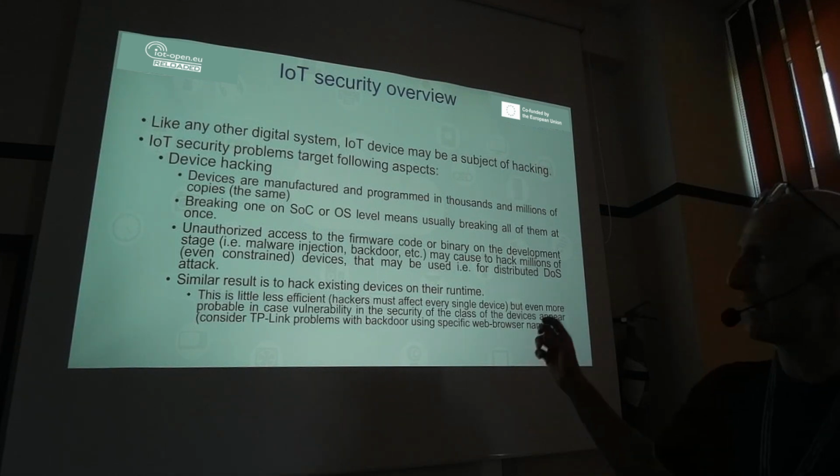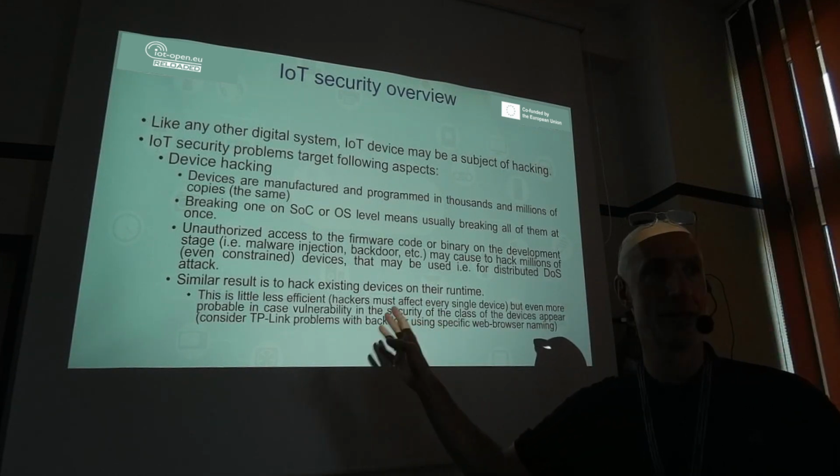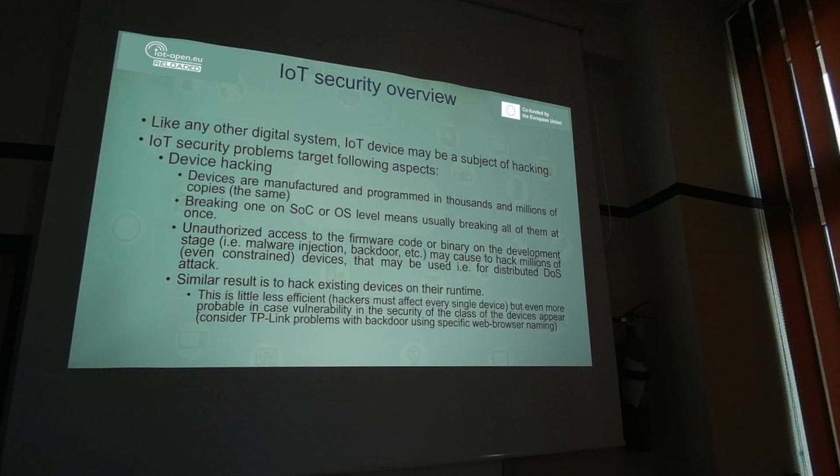Maybe one of the most prominent vulnerabilities that happened to networking services was the infamous TP-Link company backdoor. I wonder if you heard about this, but the idea was as follows. They created a backdoor in all their routers at the firmware level.